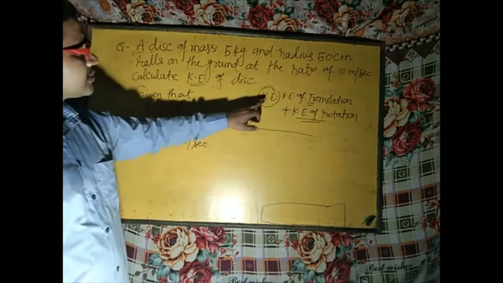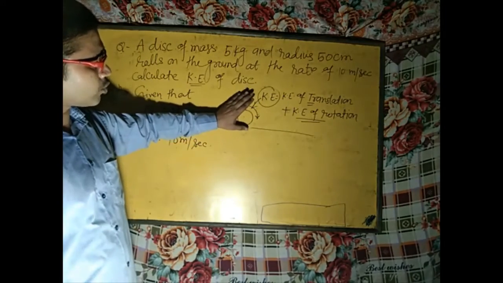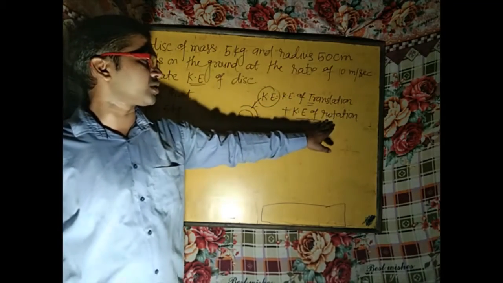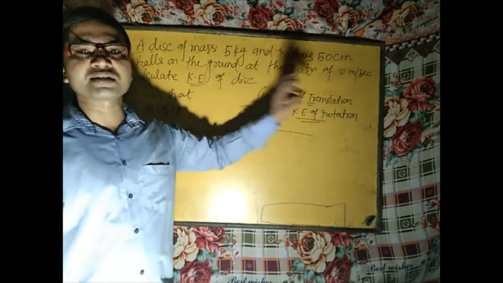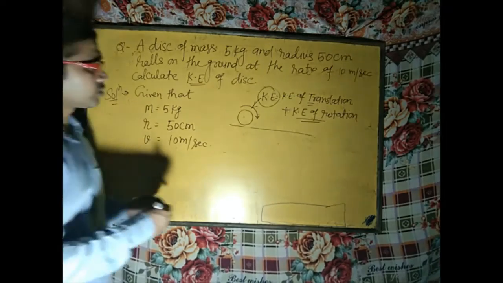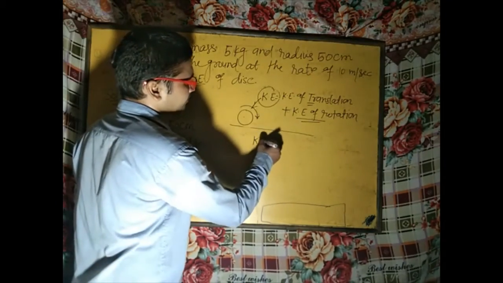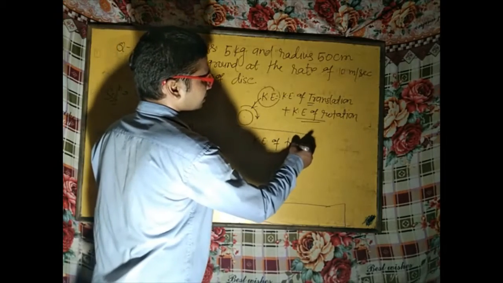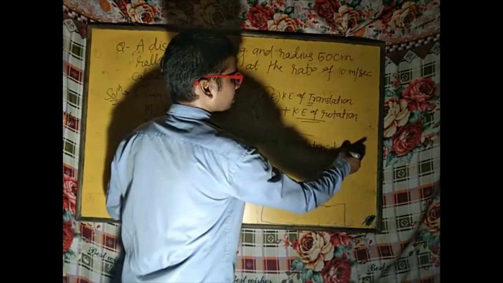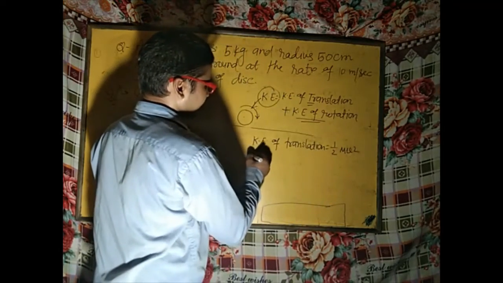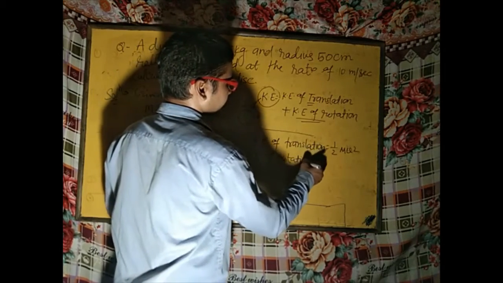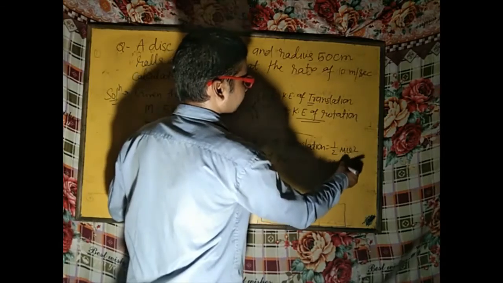So the total kinetic energy of this rolling system is equal to kinetic energy of translation plus kinetic energy of rotation. Now kinetic energy of translation is given by the formula 1 by 2 mv square, whereas kinetic energy of rotation is equal to 1 by 2 I omega square.